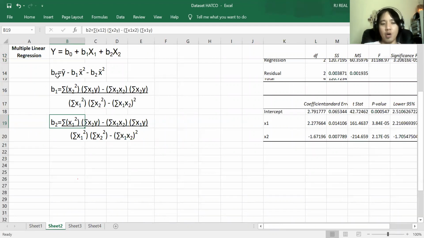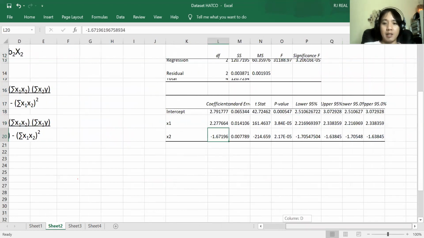So, beta 0, as I said earlier, is the y-intercept. That is the intercept in the output of the multiple regression. So, this is the value of the y-intercept. While these two guys here, the regression coefficients 1 and 2, are this one. Alright, so x1 and x2.